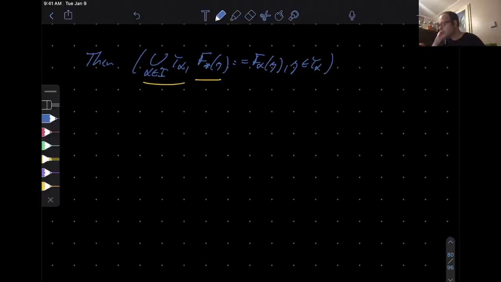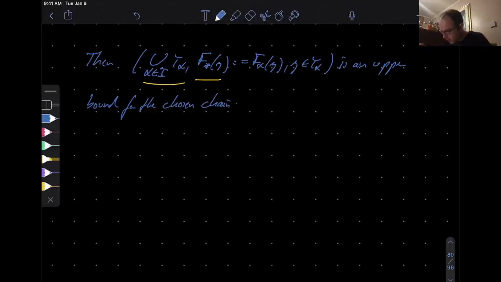Okay, so now we have to check a few properties. Claim: (Y star, f star) is an upper bound for the chosen chain. That's what I want, after all. Why? Well, first, is this a subspace? Yeah, that's a subspace. This is a fact in linear algebra already. It has nothing to do with the dimension.